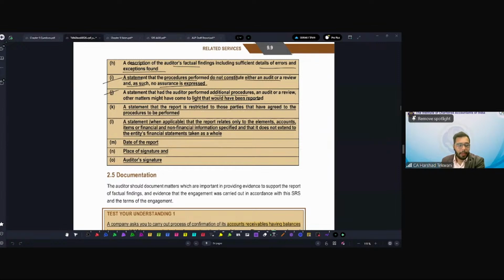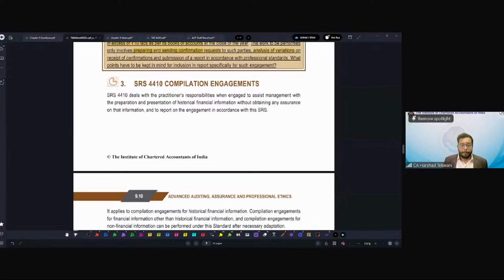When I talk about a compilation engagement, the purpose is to compile the financial information, historical financial information.